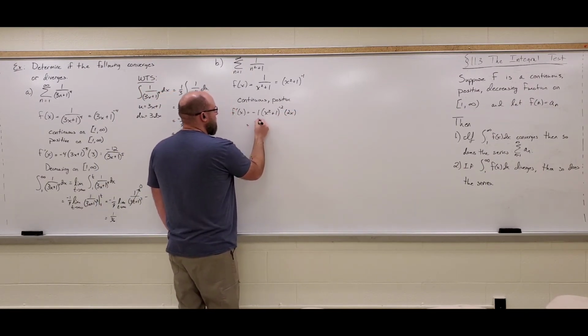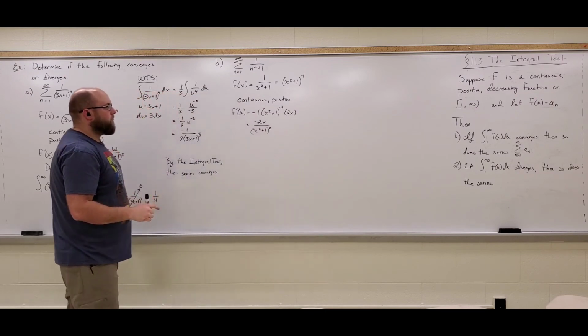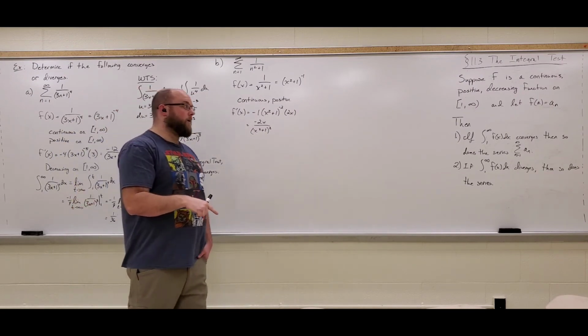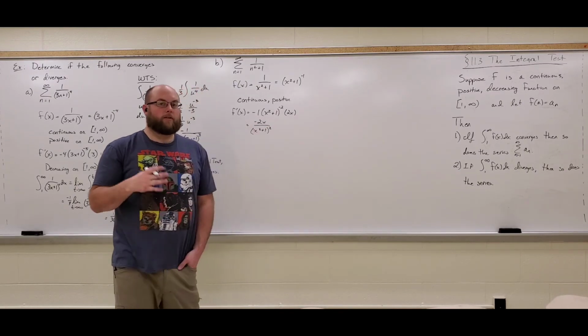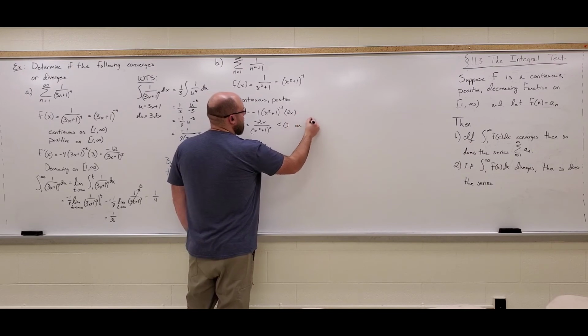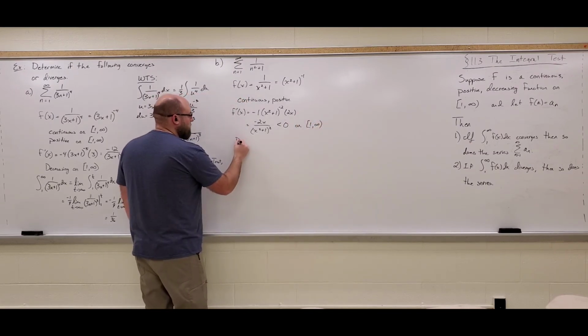So in the end, I get -2x divided by x squared plus 1, the quantity squared. That means this is always positive here. We are plugging positive values for x. Therefore, this is going to be negative. So this is less than 0 on the interval from 1 to infinity. So therefore, this is decreasing.